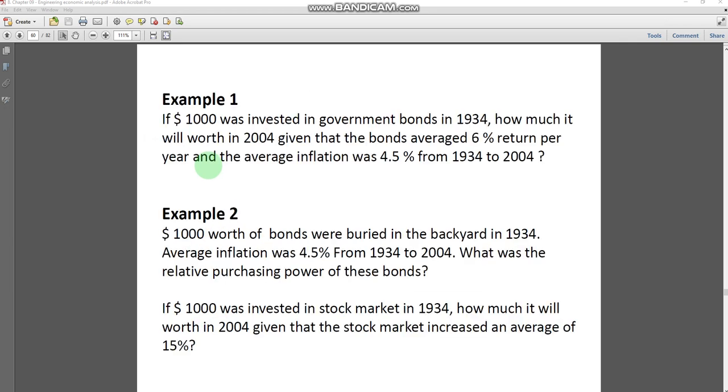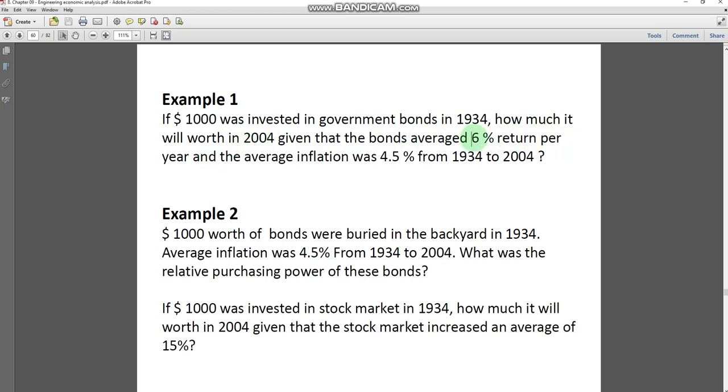Now let us solve these two examples. Actually, I will give you some idea about these two examples, but you have to solve them by yourself, okay. If $1,000 was invested in government bonds in 1934, how much will it be worth in 2004? This is a simple equation that you can use to get the amount of money in 2004, given that the bonds averaged a 6% return per year, okay.